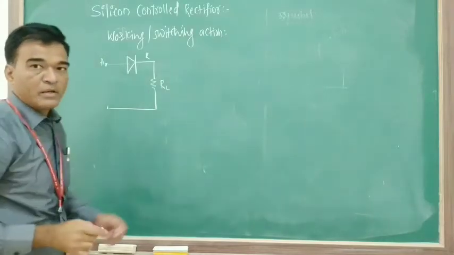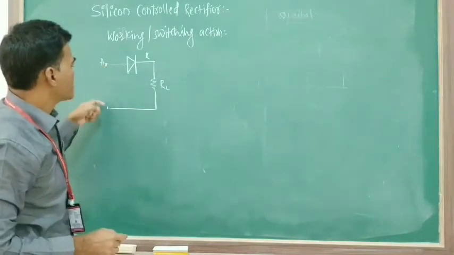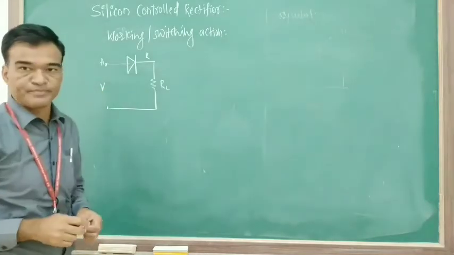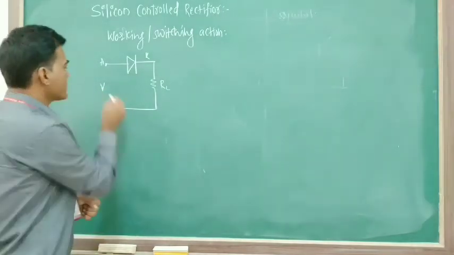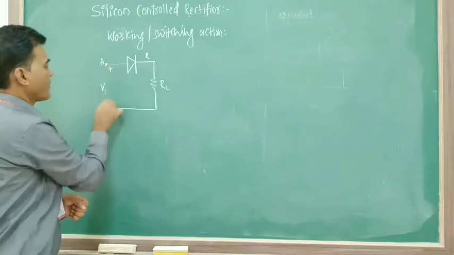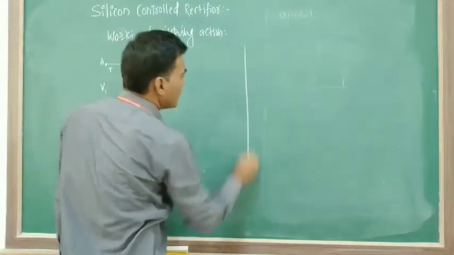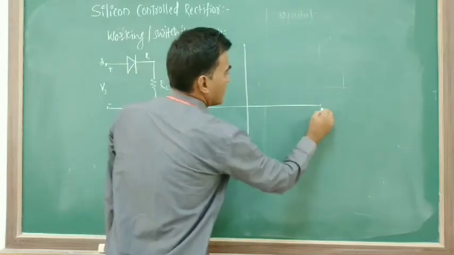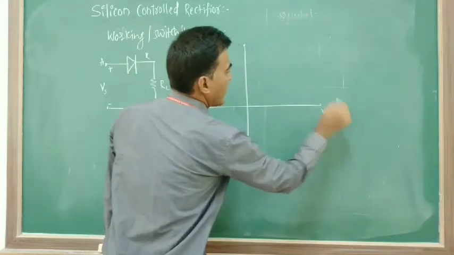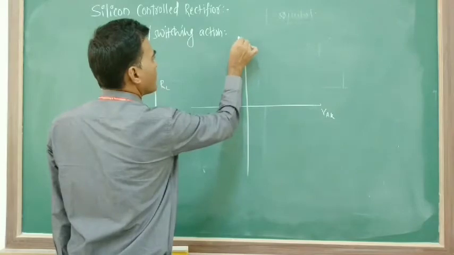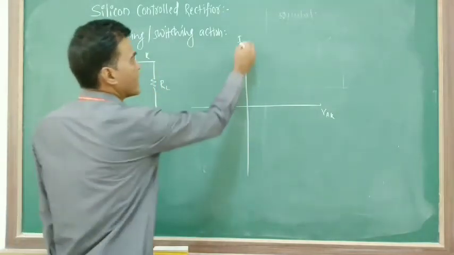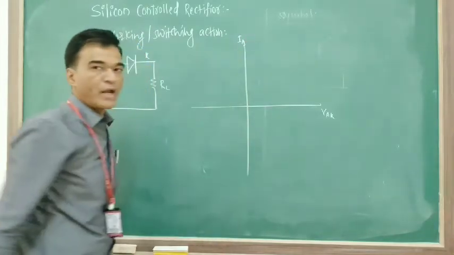Between these two terminals, we need to apply a voltage, let us say the supply voltage Vs. Here I am plotting the anode to cathode voltage, and here we are plotting the current through the SCR, let us say IA, the anode current.